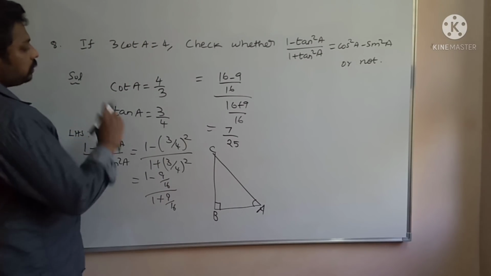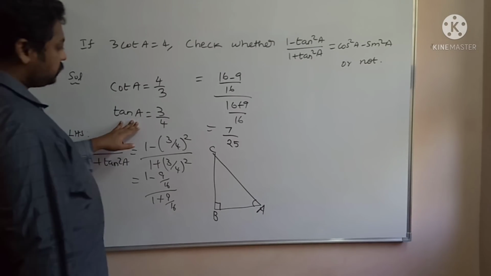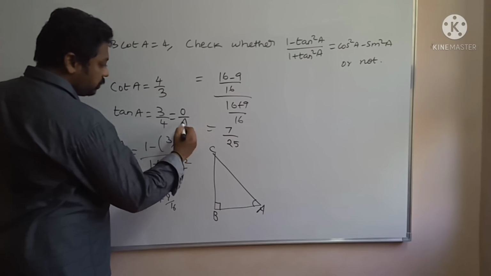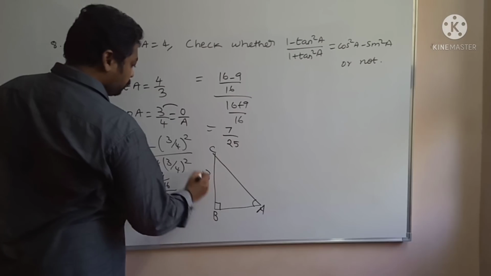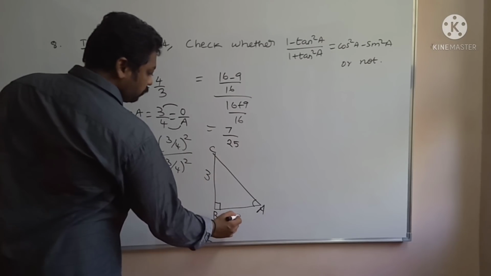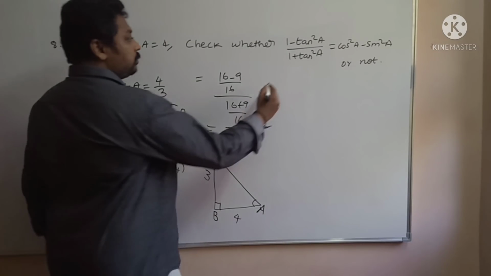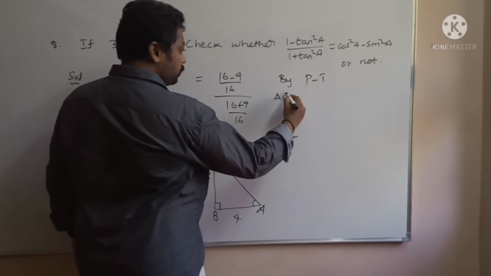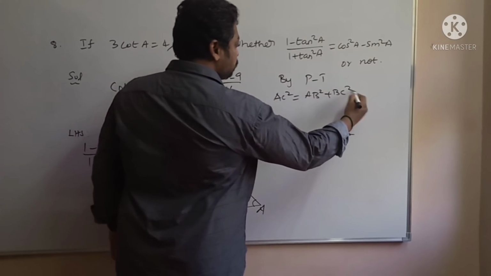Fine. So what is cot A? Cot A is 4 by 3. And what is tan A? 3 by 4. So we know tan A is opposite side by adjacent side. So opposite side is 3, adjacent side is 4. So now we can find AC square by Pythagoras theorem. AC square is equal to AB square plus BC square.